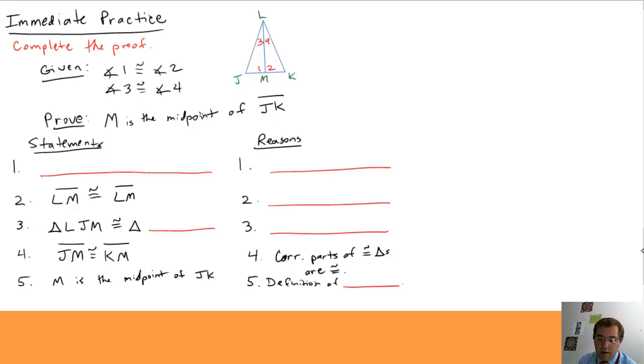Fill that in and give me a reason. Then you're told JM is congruent to KM, and that's because corresponding parts of congruent triangles are congruent. And then you're told M is the midpoint of JK, and that's by the definition of what? Fill it in. So copy that entire proof and the picture and fill in the 6 red blanks. That is the end of section 4.3.